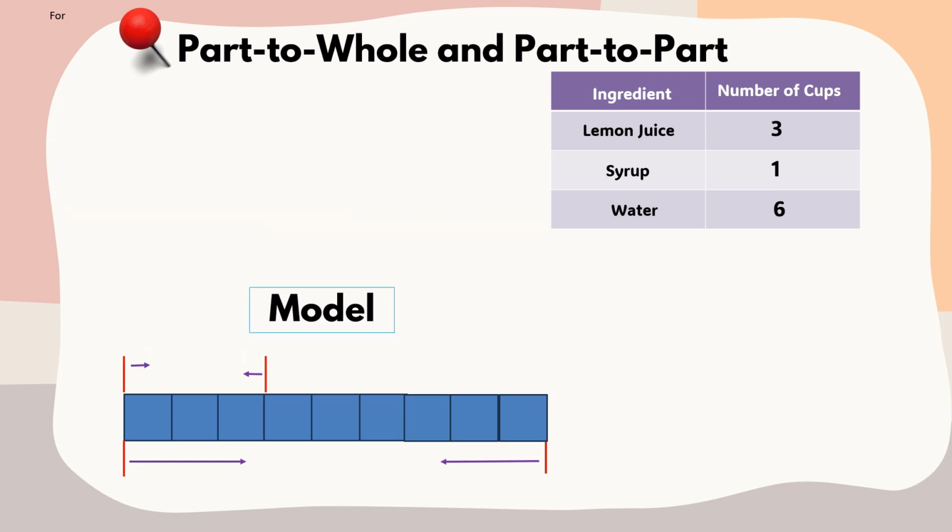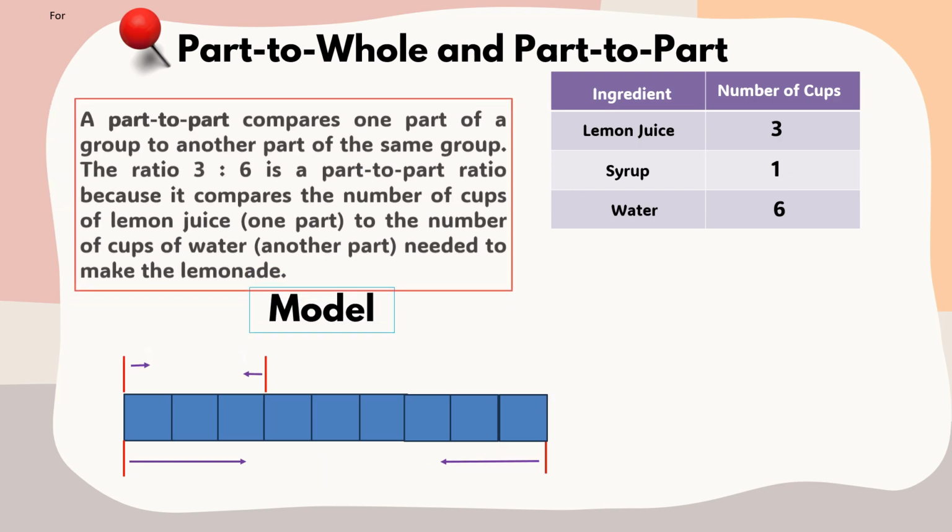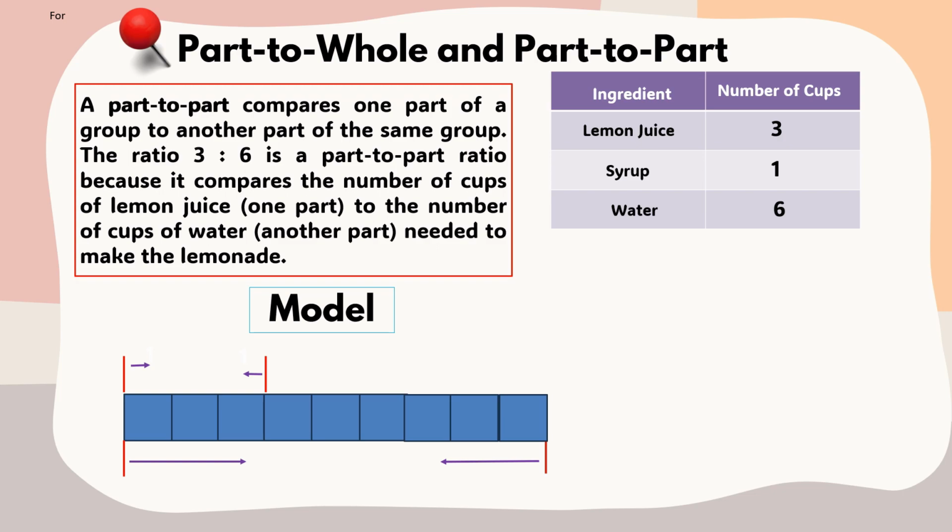Next is part to part. A part to part ratio compares one part of a group to another part of the same group. The ratio 3:6 is a part to part ratio because it compares the number of cups of lemon juice, one part, to the number of cups of water, another part needed to make the lemonade.